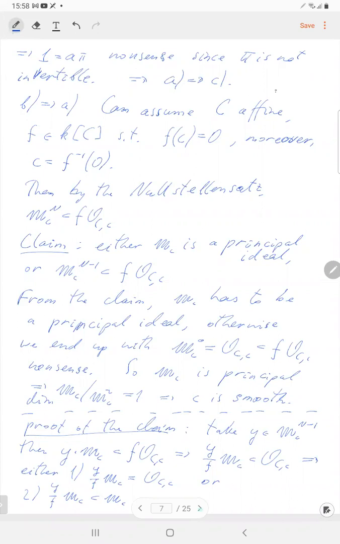Okay, so if we have the first possibility, y over f times the maximal ideal is the whole local ring.